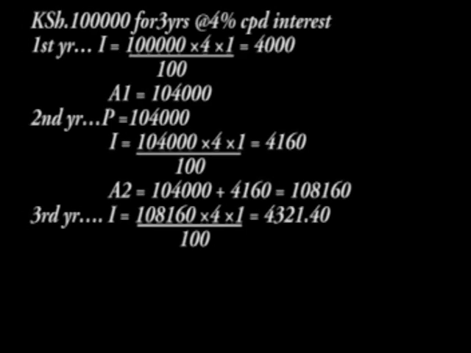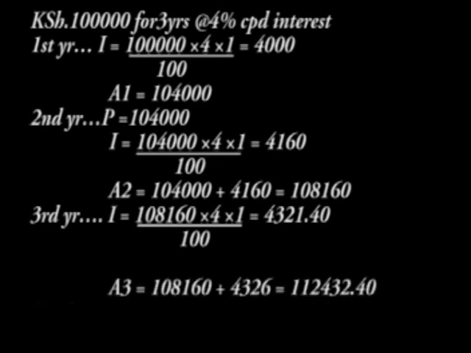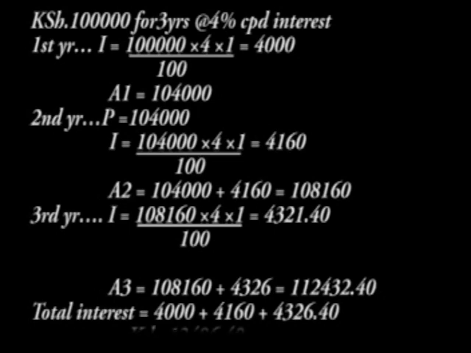Therefore, the amount at the end of the third year will be 112,481, and total interest is therefore 12,481. Note that the compound interest earned is greater than simple interest for the same period of time.